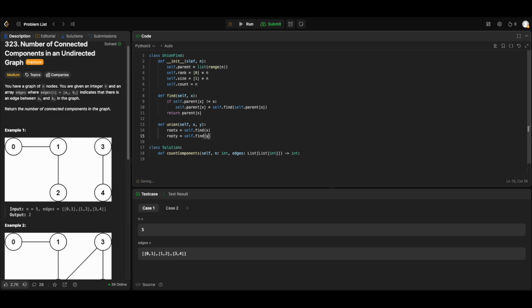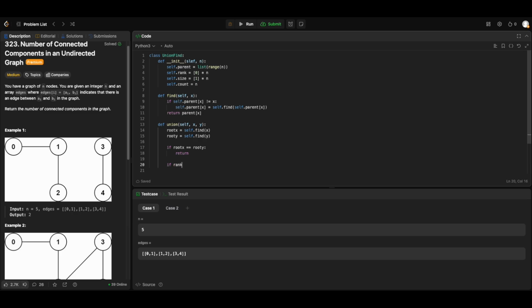Okay. The next thing to check is whether the roots are the same, which means x and y are in the same group. So if root x equals root y, return.